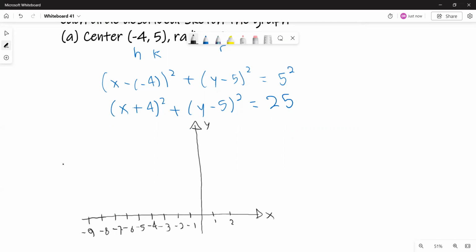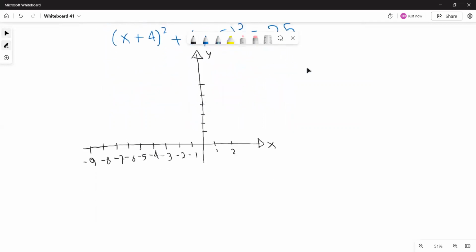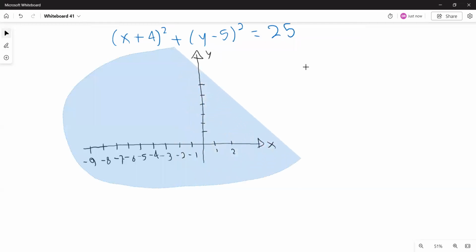Okay, y values. I think I'll need more space. So I'll bring this up a little bit, and we're going to cut this.